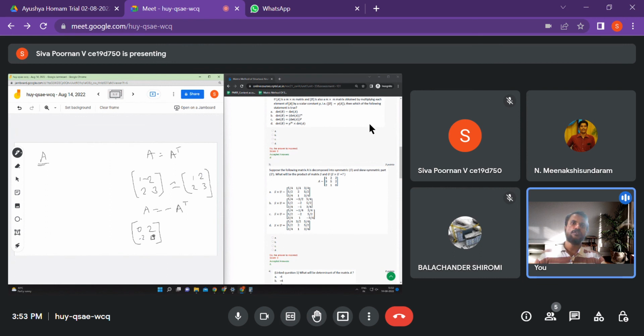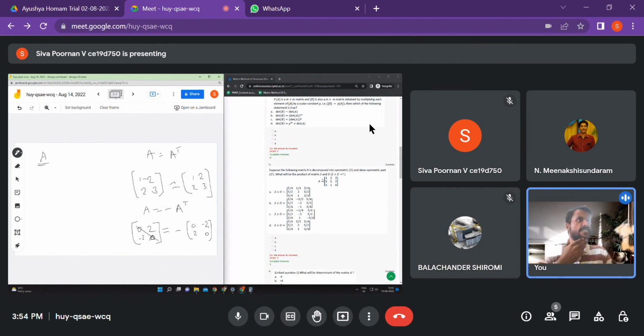If I transpose this, I'll get 0, 2 and minus 2, 0, right? So observe that it's just the negative of the original. This will happen only if the diagonal terms are 0 and the off diagonal terms are negatives of each other. So that is the condition for a skew symmetric matrix.